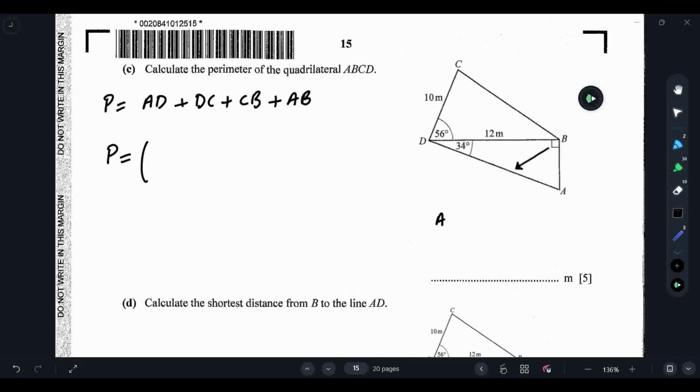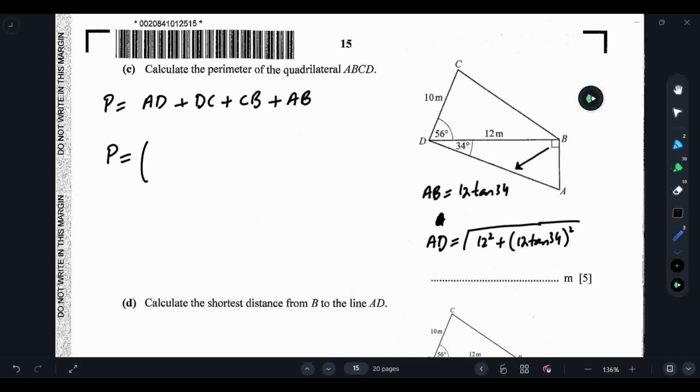Like in the first part we have discussed, AB will be equal to 12 into tan of 34. Is it clear? Similarly for AD, hypotenuse square is equal to base square plus perpendicular square. Perpendicular is 12 tan of 34 square.